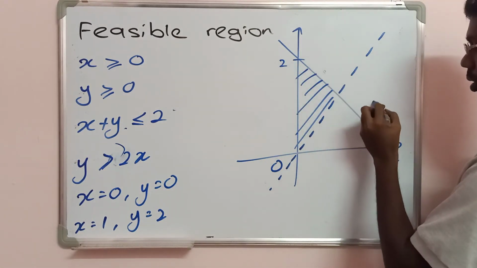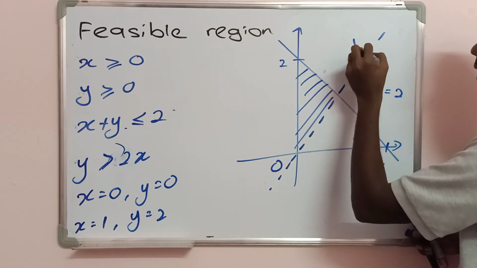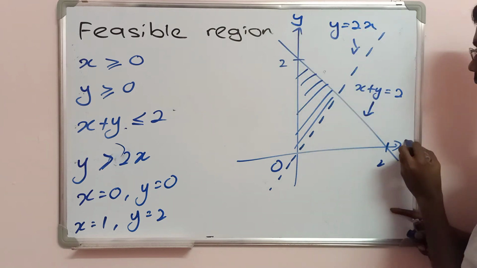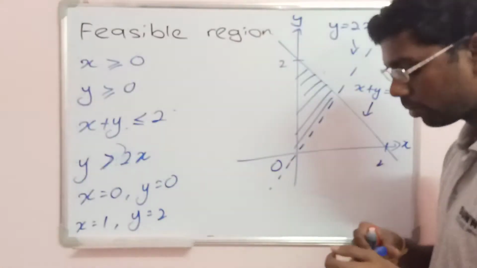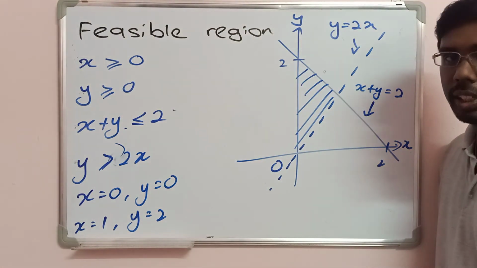This is the equation for x plus y equal to 2, and this is the equation for y equal to 2x, and the y-axis and x-axis. So this we call the feasible region.